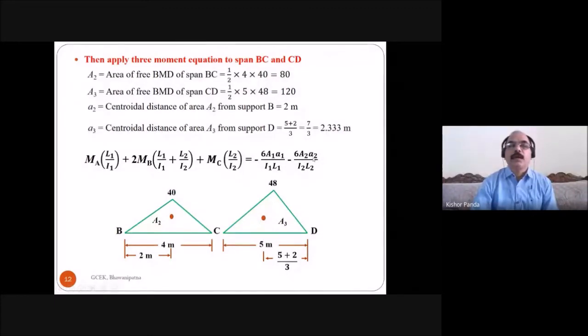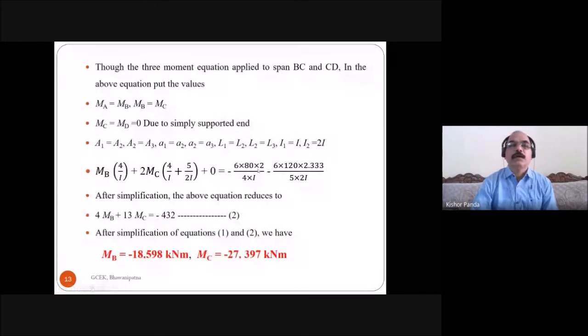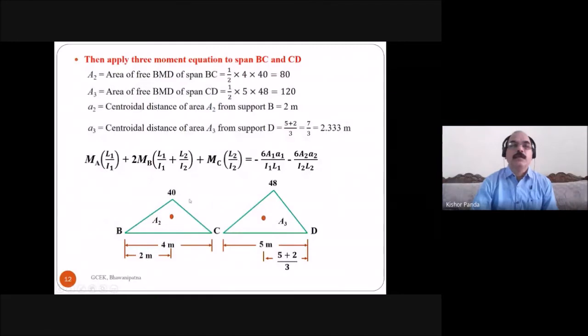Then L1 is equal to L2, because the span lengths L2 and L3 are equal, so L1 is equal to L2 and L2 is equal to L3.